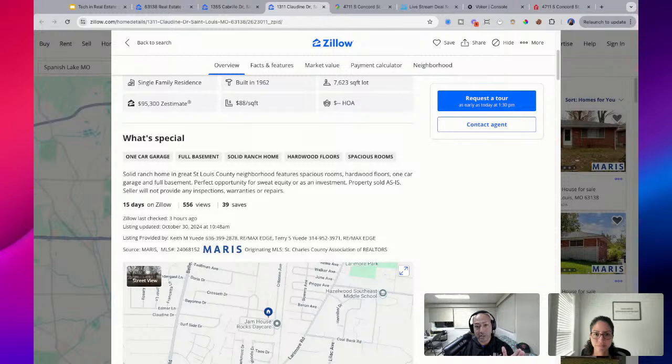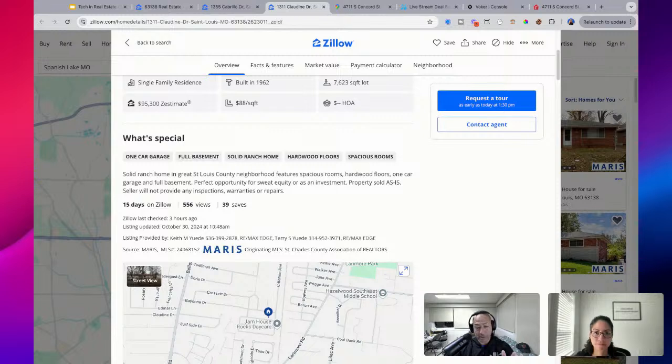We'll monitor, like you're saying, the views and the saves, to see what kind of reaction it's getting from the market, like who's viewing it and how much traction it's getting. And you probably already have an agent you're working with, and now your agent can start getting feelers out there with the listing agent, saying, hey, we've seen this property, it's been on the market this many days, and just touch base with them.